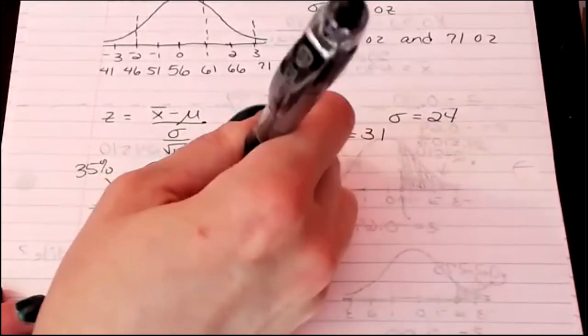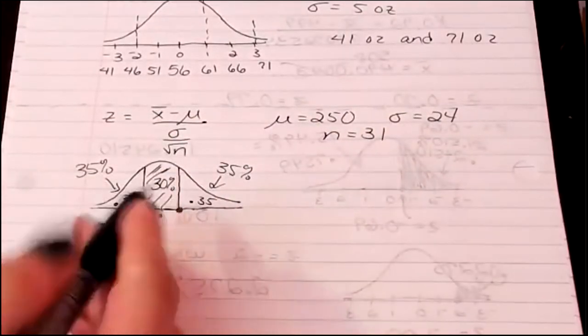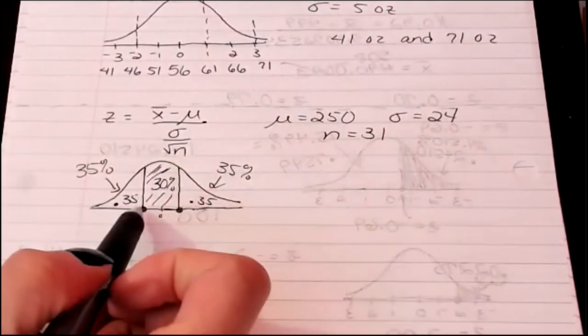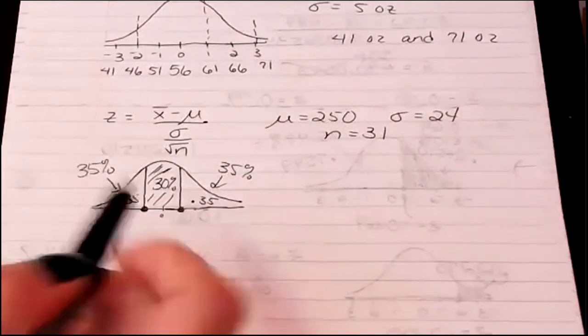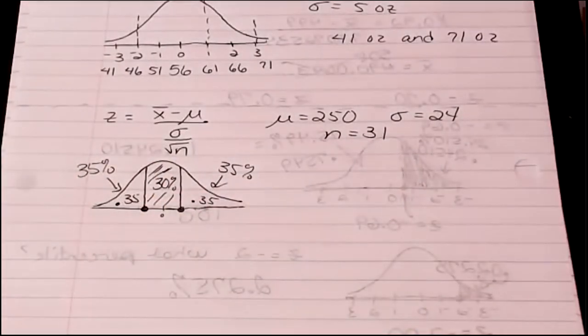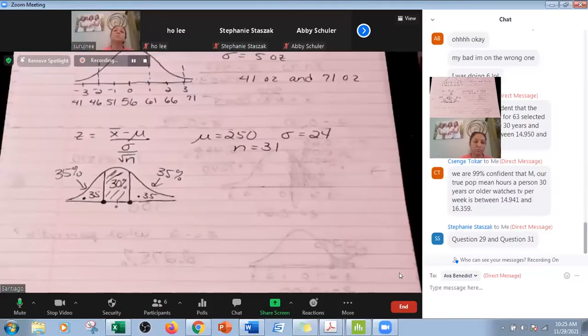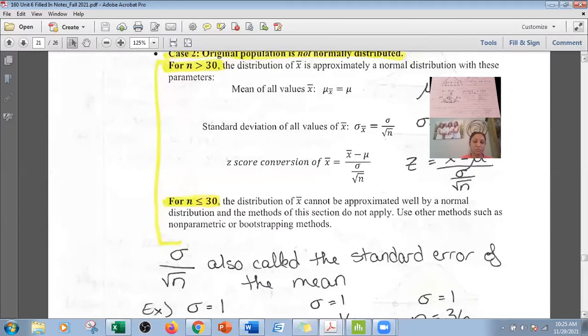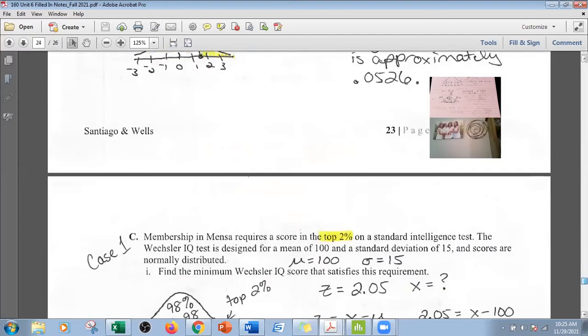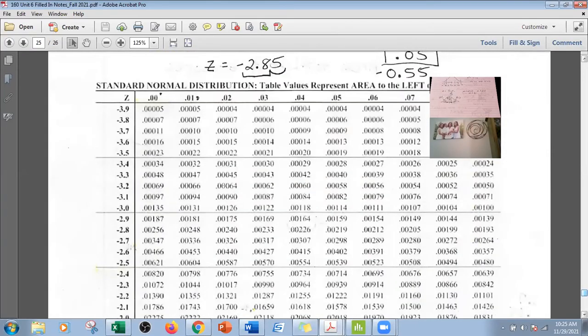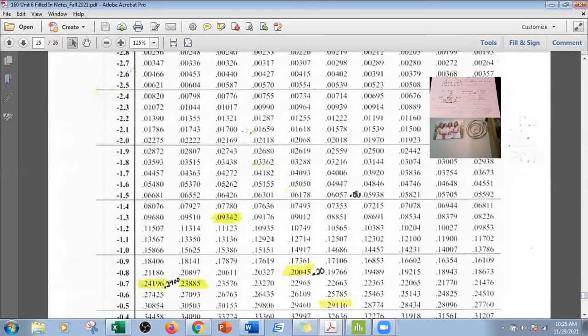So we essentially want to know what is the z-score pertaining to an area below of 0.35. That's where we want to start. So I'm going to look at my z-score table that's in my Unit 6 notes. It's at the very end. And we know that we're looking for a negative value, and we're looking for 0.35.